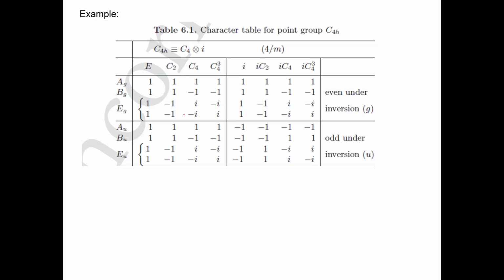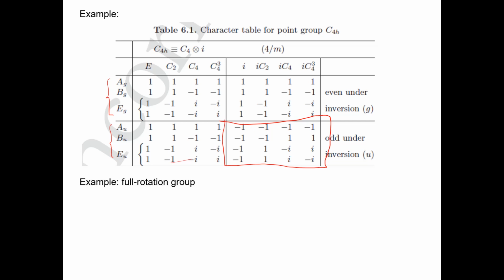And once again, you can see that you have representations even under inversion, AG, BG, and EG, and odd under inversion, AU, BU, EU. And you can divide the character table in blocks. These three blocks are essentially the same as the C4 group, and this block here is essentially a minus sign everywhere. Okay, so this is very common, and we're going to see that many times.